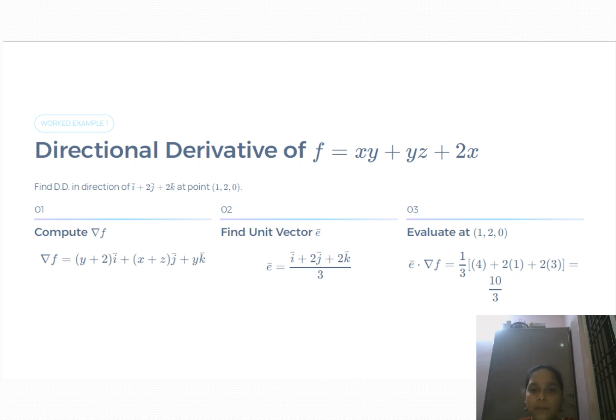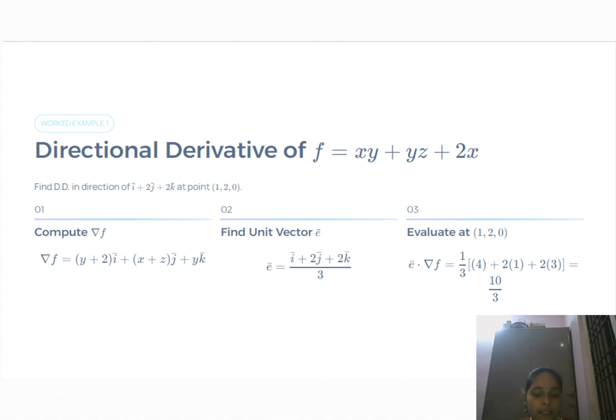Now if we substitute f in that formula, then we get final solution as in the PPT. Del f is equal to (y plus 2) i bar plus (x plus z) j bar plus y k bar.